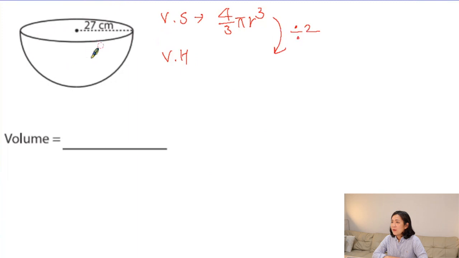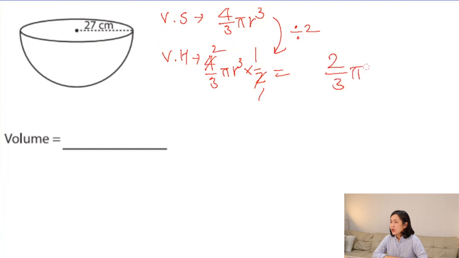Then the volume of a hemisphere is half the volume of a sphere. So divide by 2, and half of it will be 2/3 pi r cubed. So this is the formula for the hemisphere. Just remember it, it's going to be very convenient.